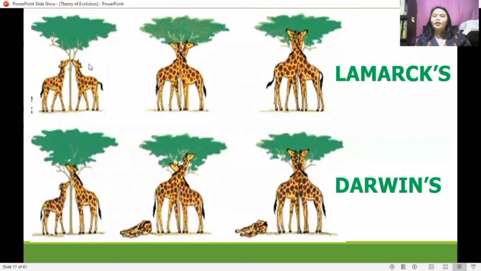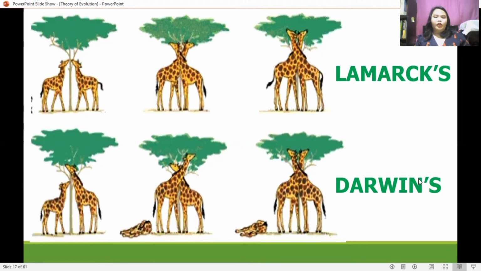So these parent giraffes will try to stretch their necks upward to the tall trees, right? And they will reproduce. They will have offspring, which according to Lamarck will have longer necks compared to the parents, and so on until they were able to reach the tall trees. So that was according to Lamarck.